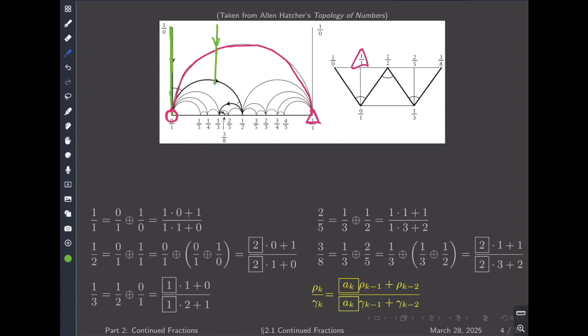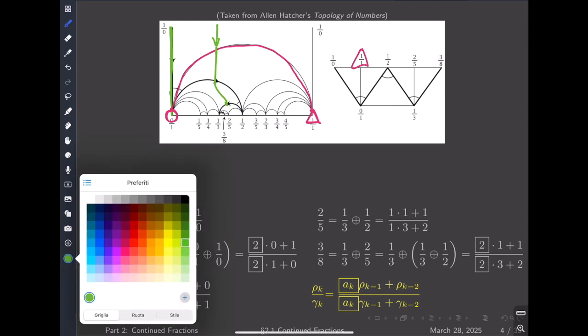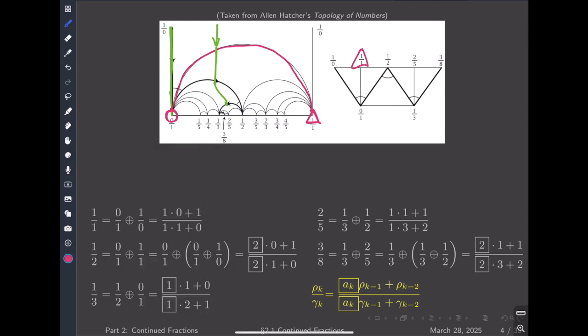And so on. Let me do one more. The next one is actually this one, and let me draw in this sort of magenta to say this one was considered already.